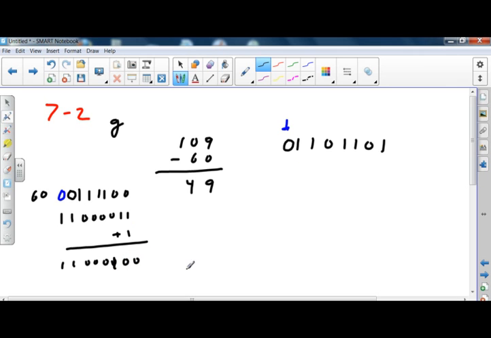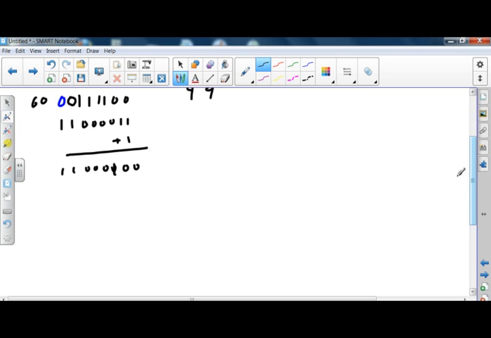All right. Now, we're going to look at this guy for a moment. This is the 1's place, this is the 2's place, 4, 8, 16, 32, 64, 128. 128 is a negative number.